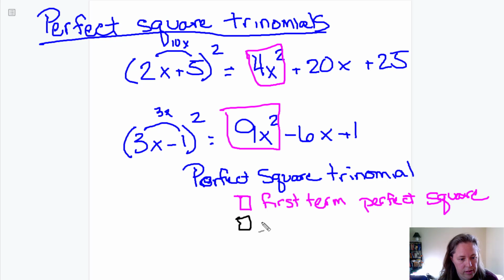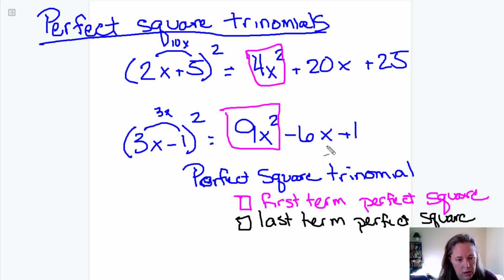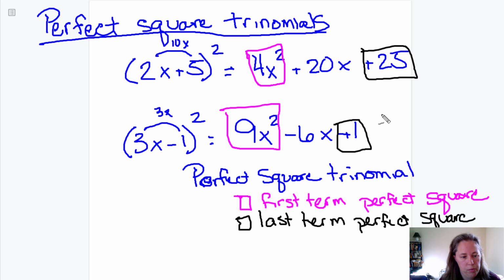Also, the last term is a perfect square. 1, 25, those are perfect squares. And then we have the troublesome middle term. The middle term is the most challenging one.